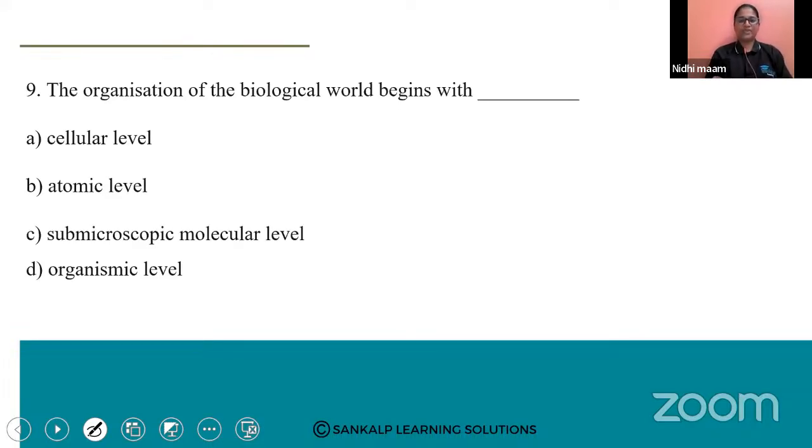Next question. The organization of the biological world begins with cellular level, atomic level, submicroscopic molecular level, organismic level.